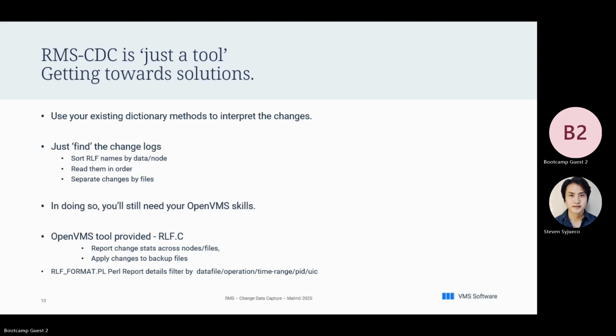Getting towards a solution, you would assume you have a definition of your data already. This could be basic map files, or COBOL lib files, or anything like that. Then we have to manage the change logs, because we can't have them grow forever.